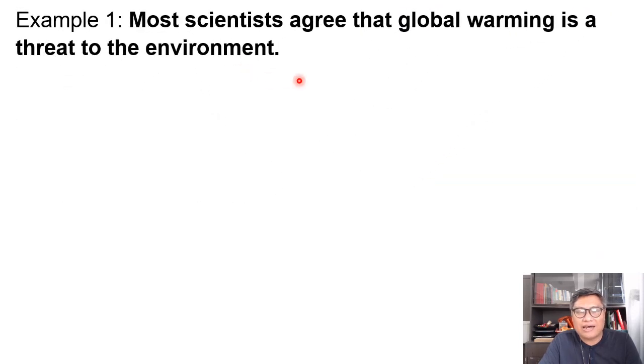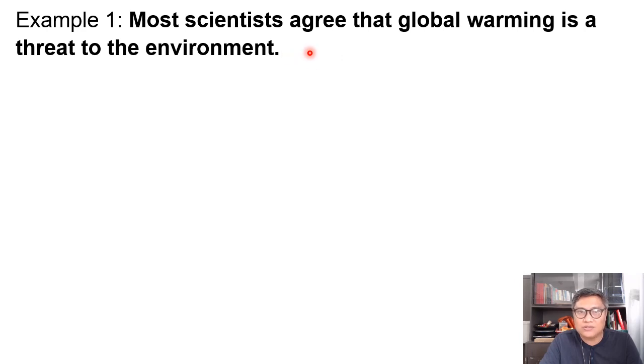Here we have an example. Most scientists agree that global warming is a threat to the environment. The first question we ask ourselves is, is this a declarative sentence? Yes, it is. Then can you conclude whether this sentence is a true statement or a false statement?